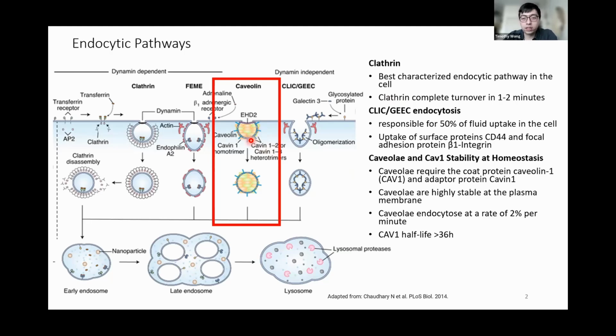Caveolae are actually very stable at the plasma membrane. When you compare that to clathrin, while clathrin can completely turn over in 1 minute, caveolae in that same time would really only endocytose at a rate of around 2%. Furthermore, the protein itself, CAV1, has a really long half-life, so it's really stable, greater than 36 hours.